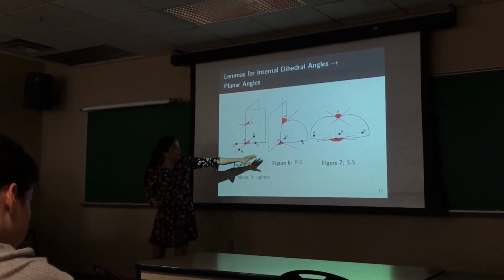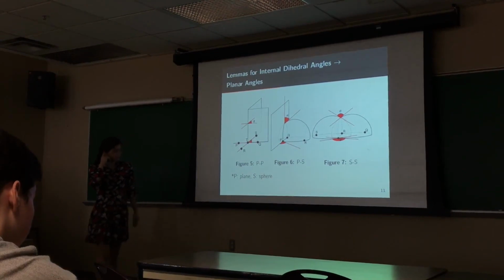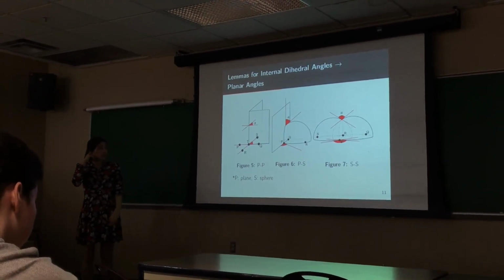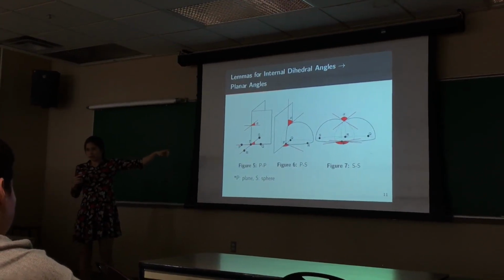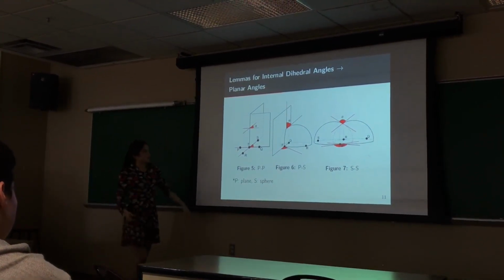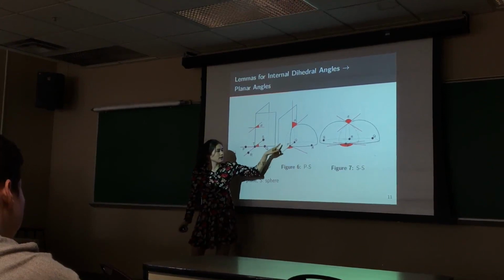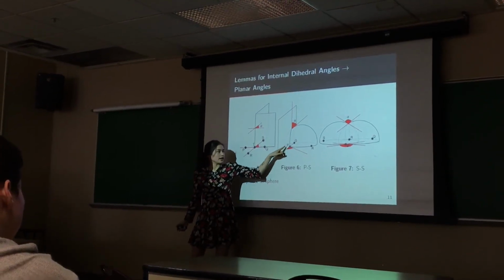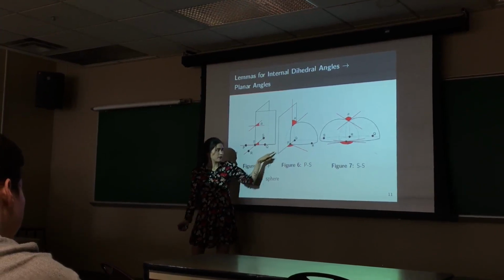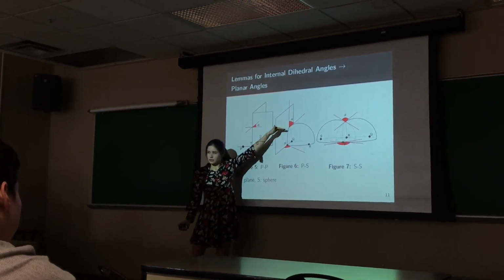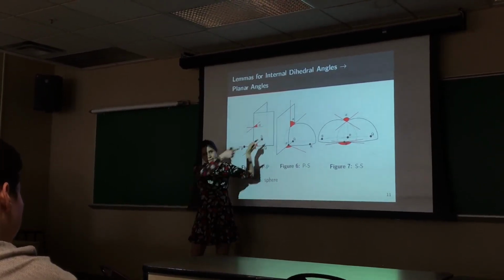If you look at the image in the middle, you have a dihedral angle alpha created by the half plane and the hemisphere. That's equal to the angle created by the tangent line at the intersection of the base circle and the base line of the plane. And these are equal because we're just doing Euclidean rotation.